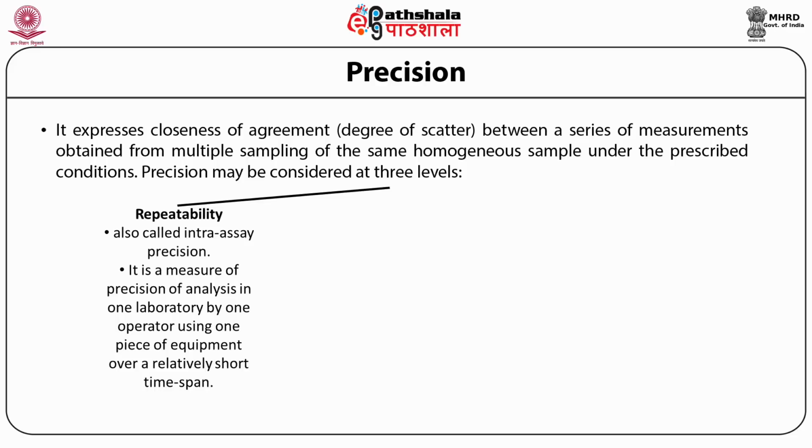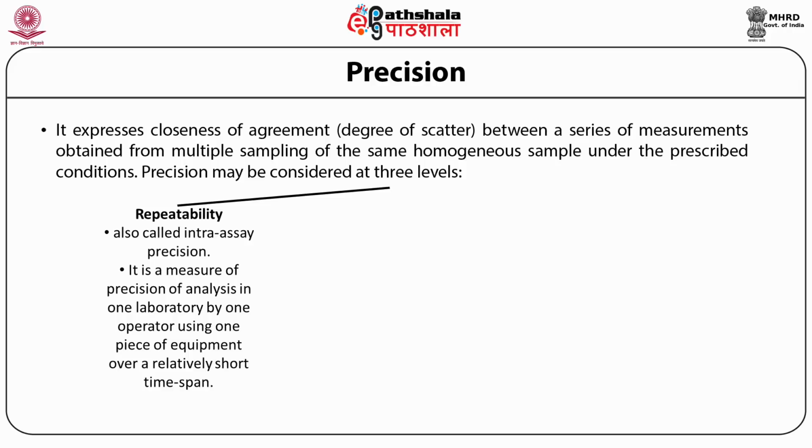It is the degree of agreement of results when experimental conditions are maintained as constant as possible, and expressed as RSD of replicate values. ICH recommends a minimum of 9 determinations covering the specified range for the procedure.